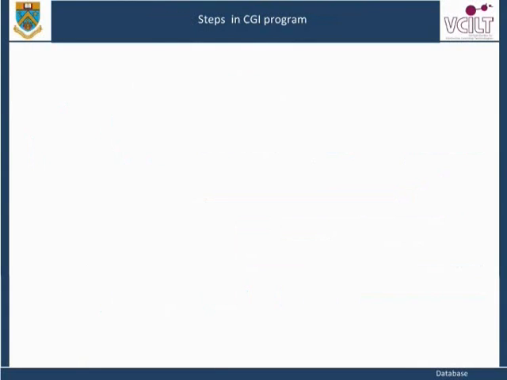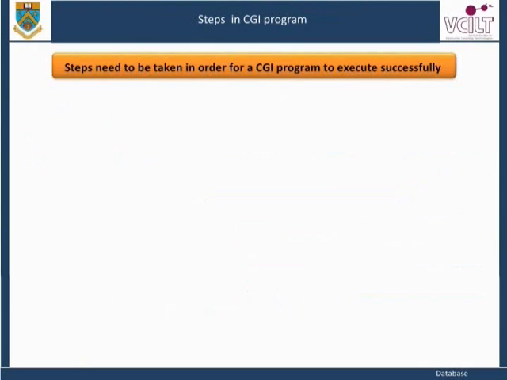Let us now look at the steps that need to be taken in order for a CGI program to execute successfully. The user web client calls the CGI program by clicking on a link or by pressing a button. The program can also be invoked when the browser loads an HTML document, hence being able to create a dynamic web page.